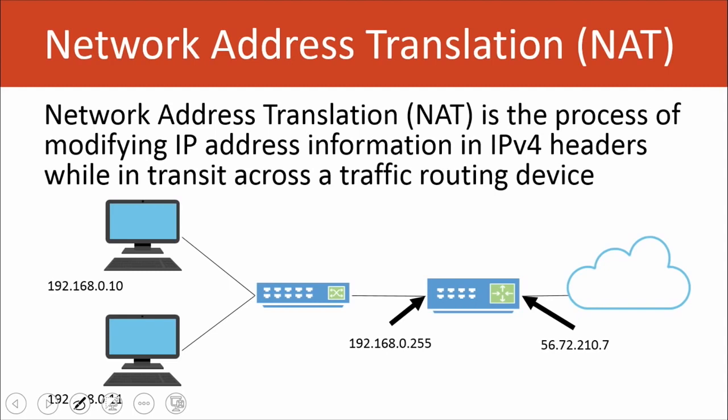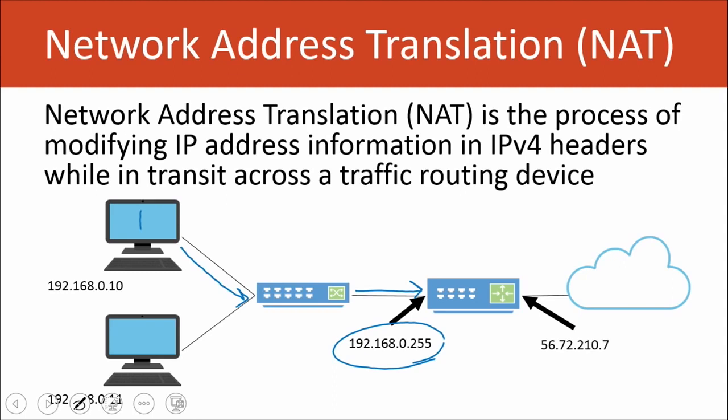So we might have computer 1 send information to a switch. The switch goes ahead and sends it off to the router. And then that packet might have the addressing information of 192.168.0.255.